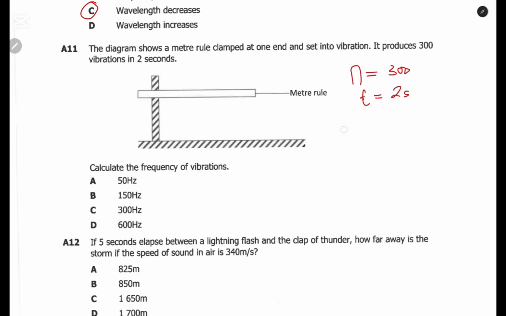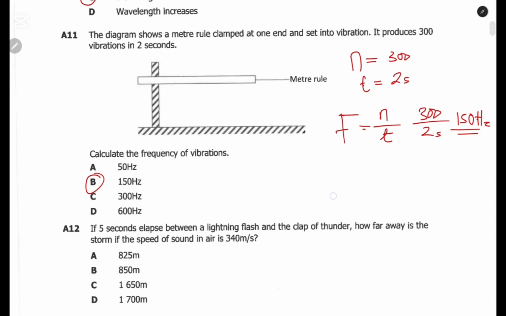To calculate the frequency, we use the formula: frequency is the number of complete vibrations per unit time. So number of complete vibrations divided by time, 300 vibrations divided by 2 seconds. We are going to have 150, measured in hertz. So 150 hertz, and therefore the answer here is B.